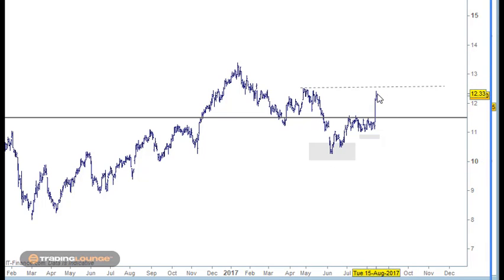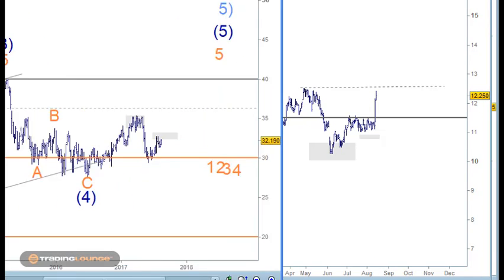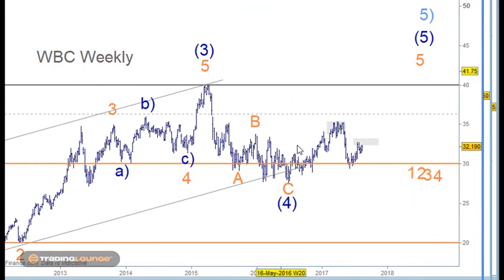As soon as that gets taken out, that makes this an A and a B and a C for Bendigo Bank, and then if that's the case, we'll be taking out this high here as such. So I've got a positive thing for this particular bank, but I don't have it for, say, Westpac on a weekly chart either.